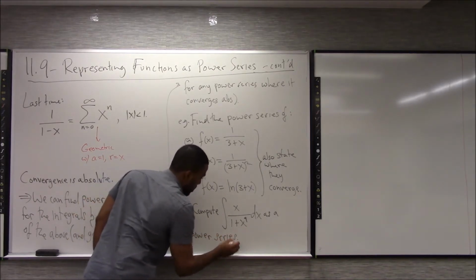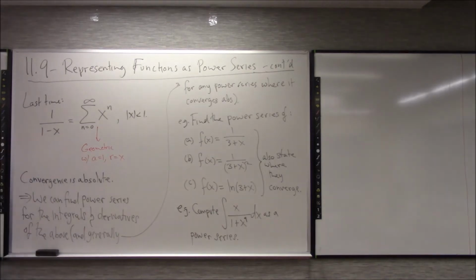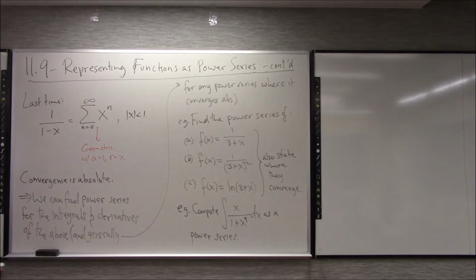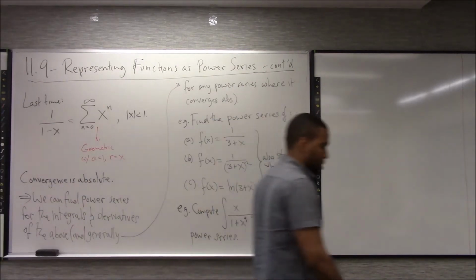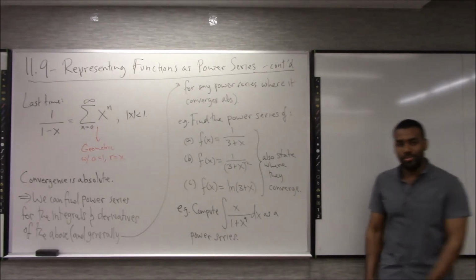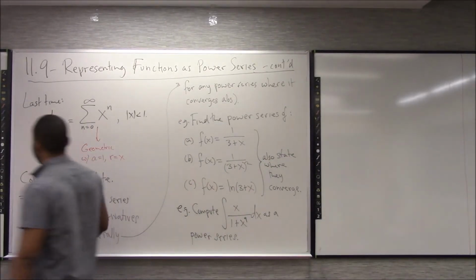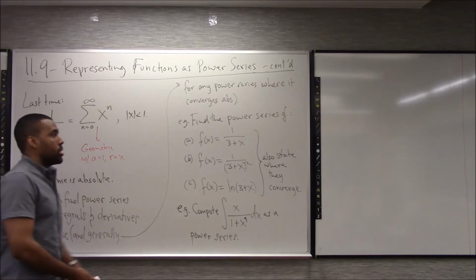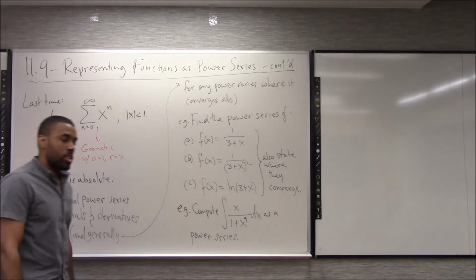It's worth noting that with all the techniques that I gave you this semester, we actually can't integrate that. So trying to integrate it without power series is going to be very difficult. In fact, it's impossible. So one principle is, there are a couple ways we can find the power series for a random function.